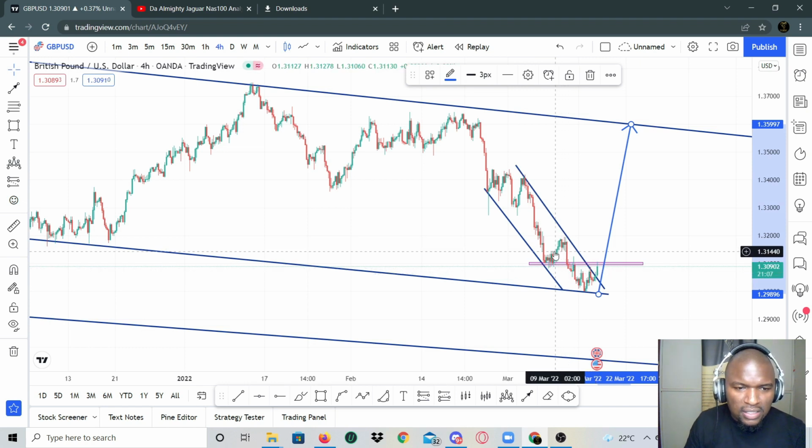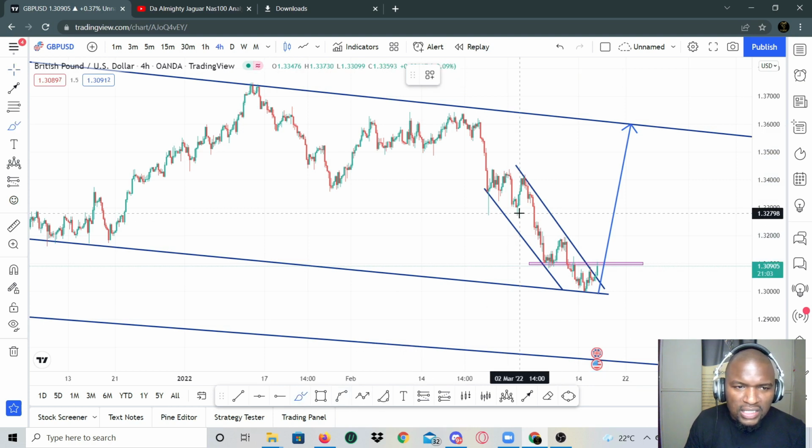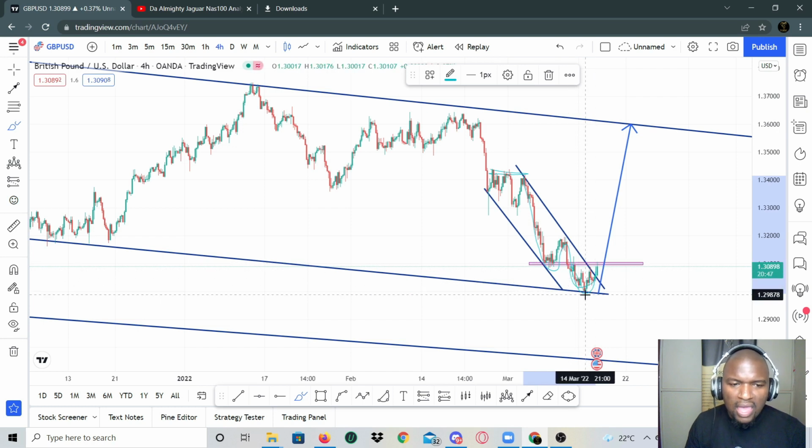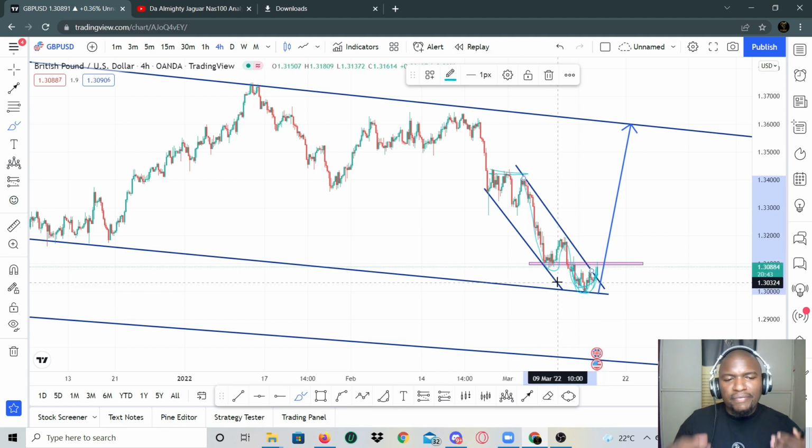As a trader, you can identify that since price has started losing momentum, I now have this shoulder right here, and price has already made a head right there.